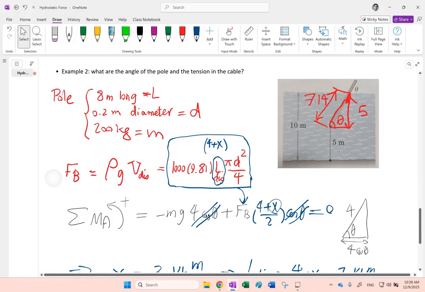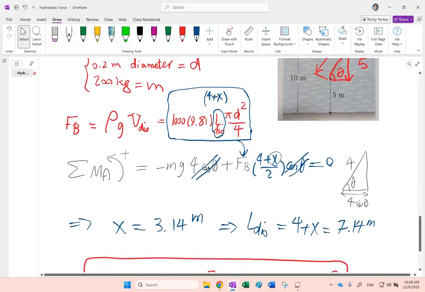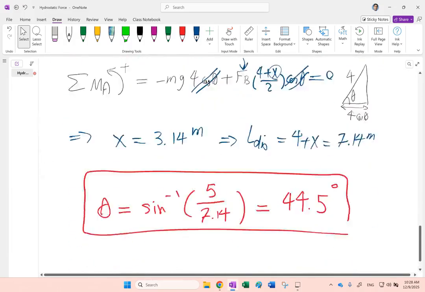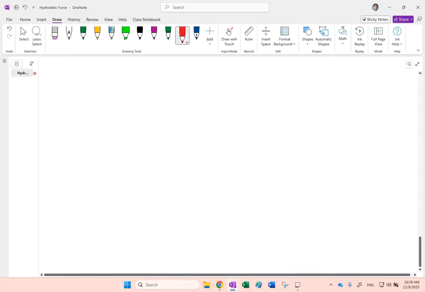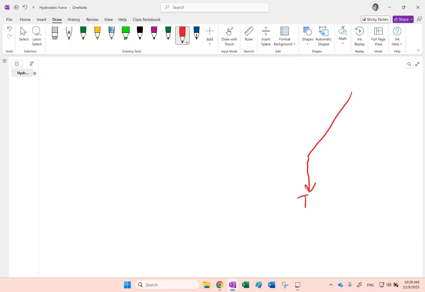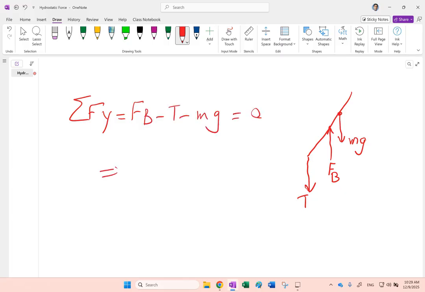And now we can go about the tension. How do you find the tension? Well, remember that this was your pole. What you had was a tension here. What you had was mg here. And what you had was a buoyancy force, correct? So this is what you had. And here all you need is to say sum of forces in the y equals 0, which is basically F B minus T minus mg equals 0.